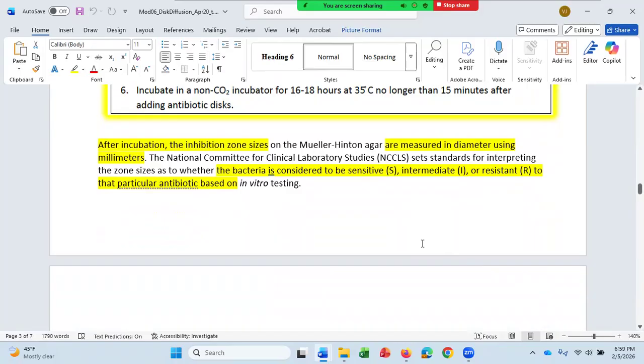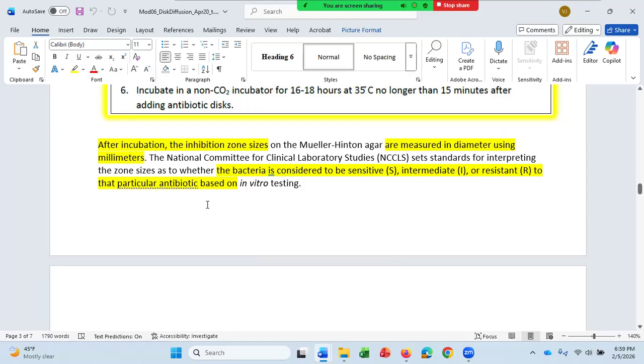And then after incubation, you measure the sizes of the inhibition zones in diameter using millimeters. And then you compare the diameter of the zone of inhibition to a table set up by the National Committee for Clinical Laboratory Studies, or the NCCLS, because they set the standards for interpreting whether the zone size is sensitive to that antibiotic or resistant to the antibiotic.